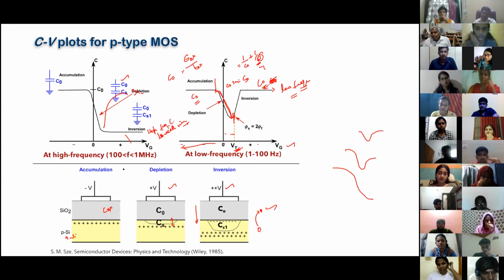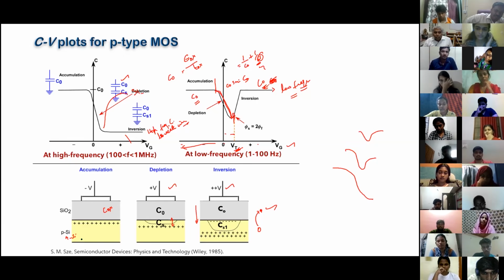Anything will happen? No. Charge is an attribute, right? Whatever the charge is, it will be. Wherever you want to put electrons, you need to replace electrons by holes and holes by electrons. Nothing will change. Similarly, if I replace p silicon by n silicon, the whole thing will be just a reverse.